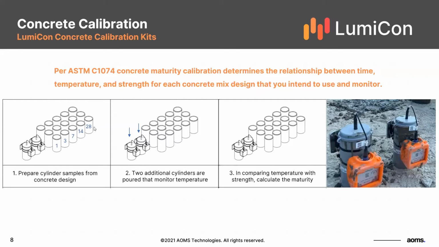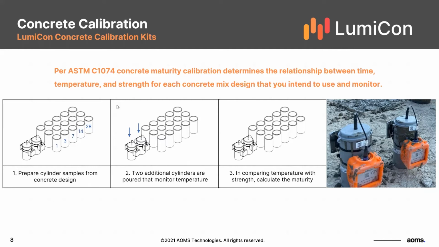However, as I mentioned, if you're dealing with high early strength concrete, or UHPC, ultra high performance concrete, the curing is faster. You can expect the concrete to reach 70-75% of the ultimate strength in 24 or 48 hours.